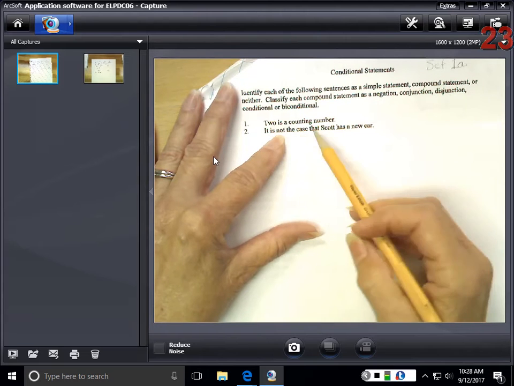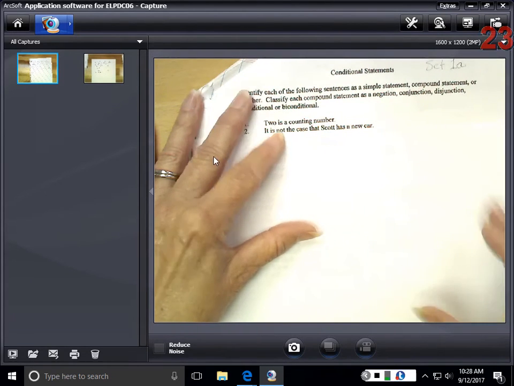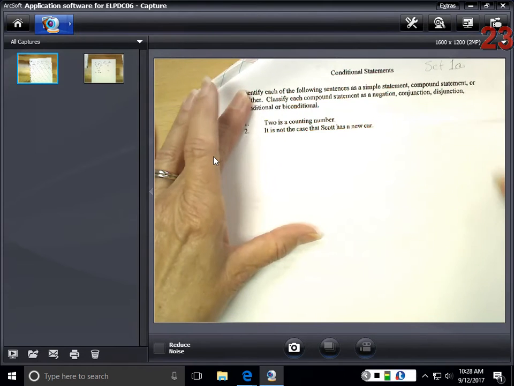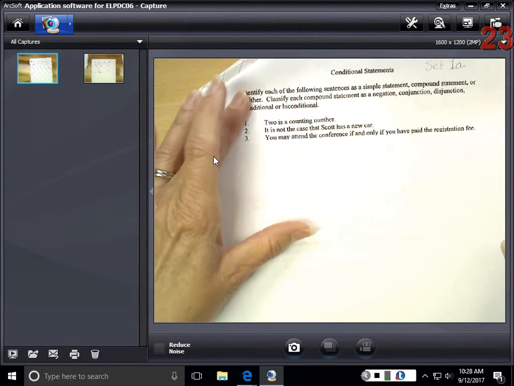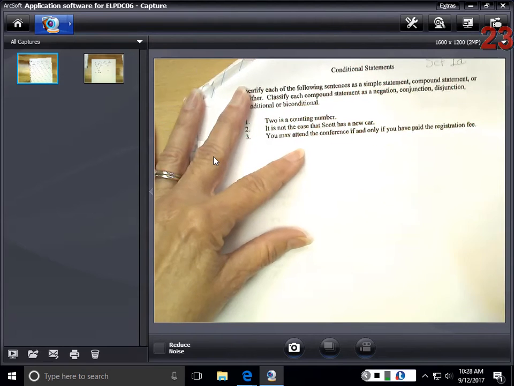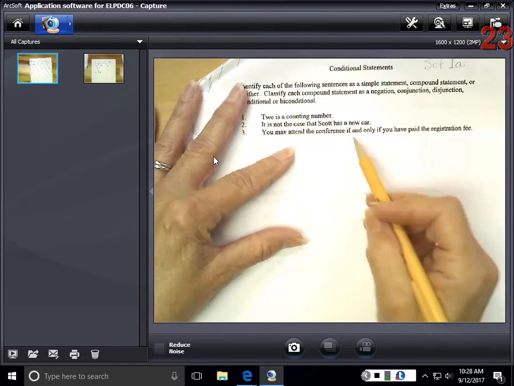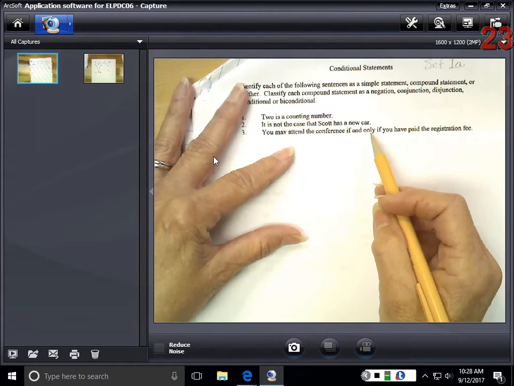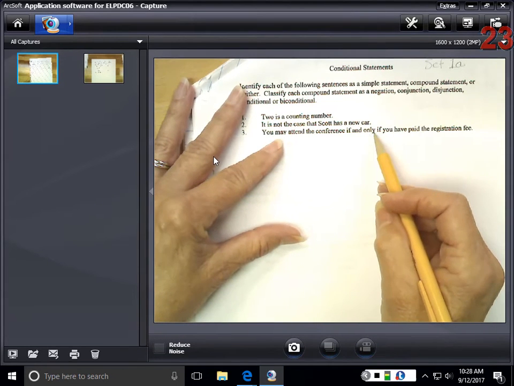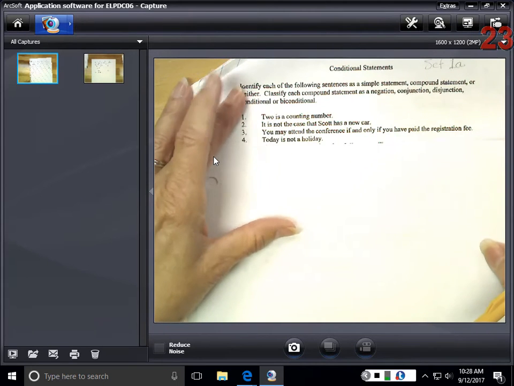It doesn't have an if-then or an or. So that one was compound, negation. Number 3, you may attend the conference if and only if you have paid the registration fee. It's got an if and only if, so that makes it compound, biconditional.